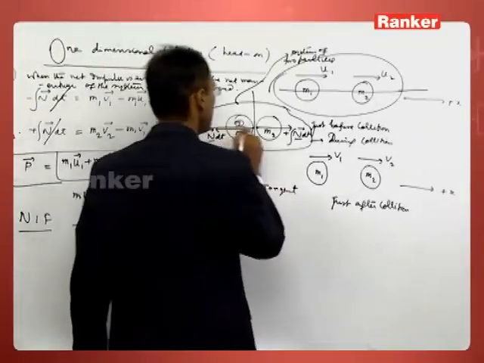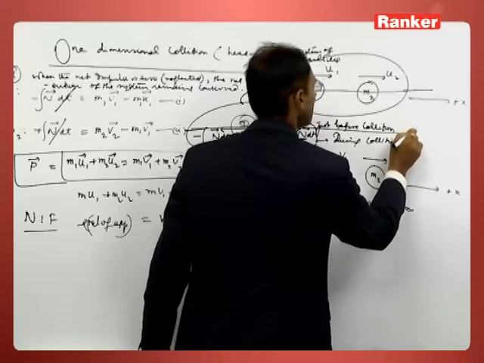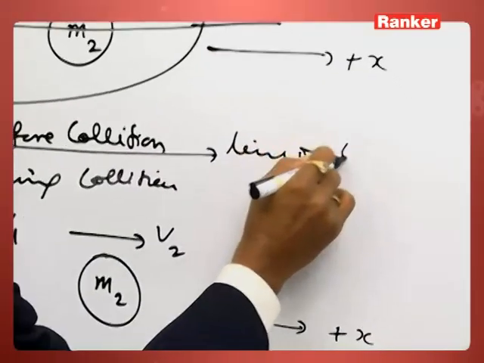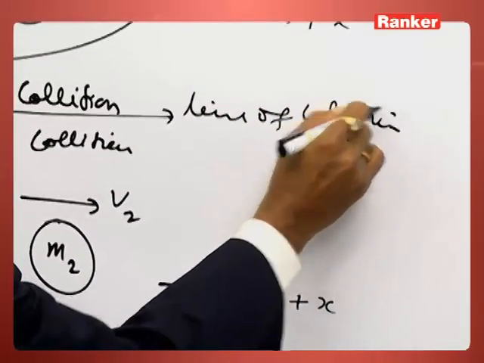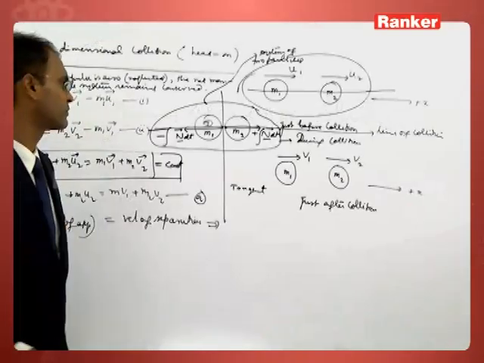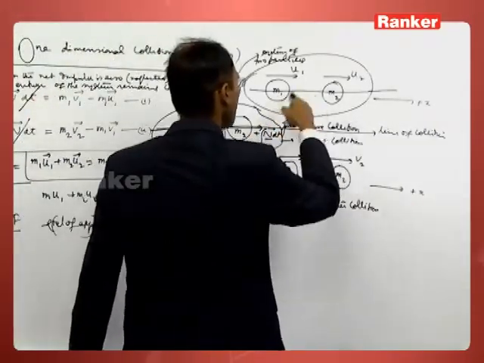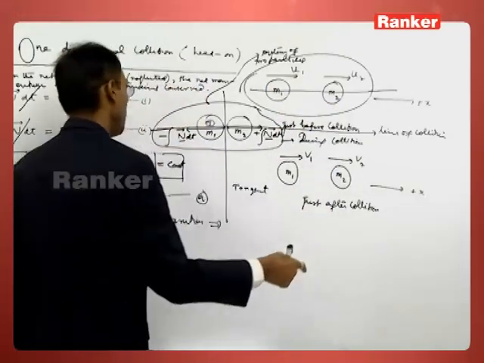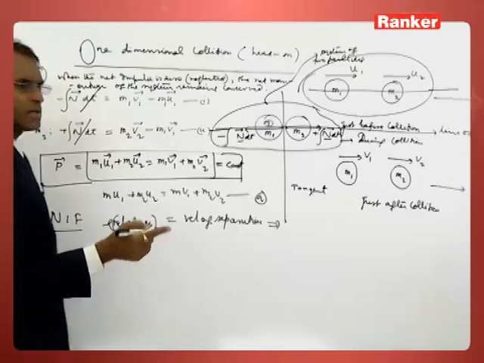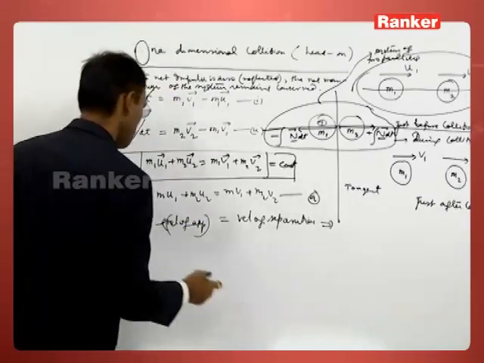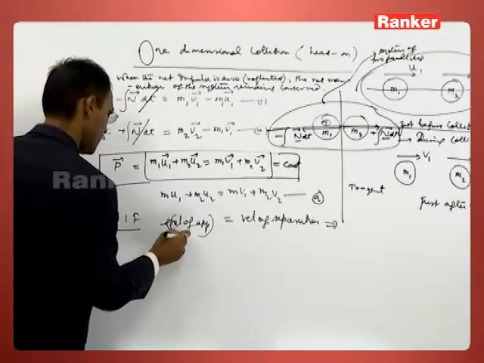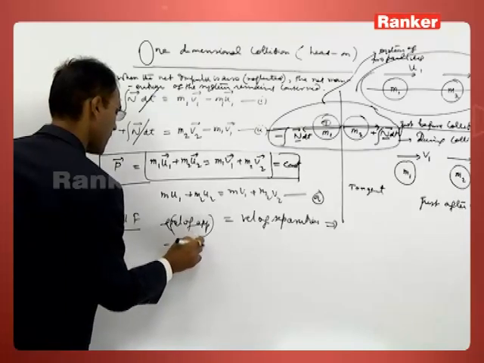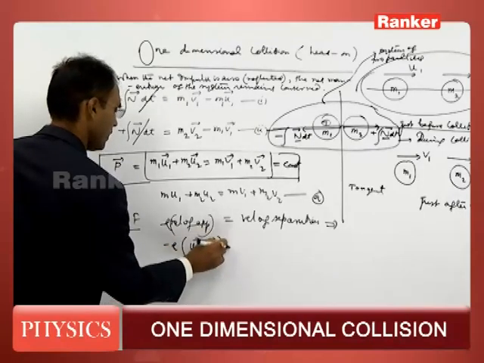Interaction takes place along this line. This is the line of collision or line of impact. Along this line, what is the relative velocity of 1 with respect to 2 or 2 with respect to 1? U1 minus U2 or U2 minus U1. Velocity of approach is U1 vector minus U2 vector.